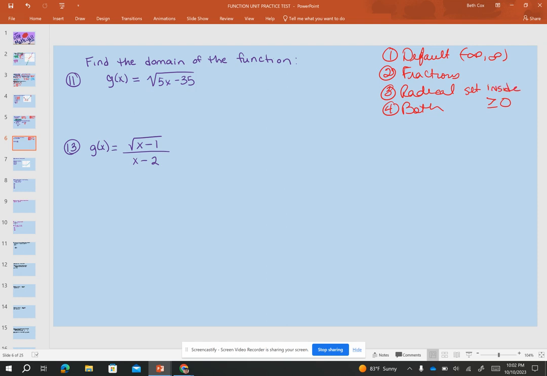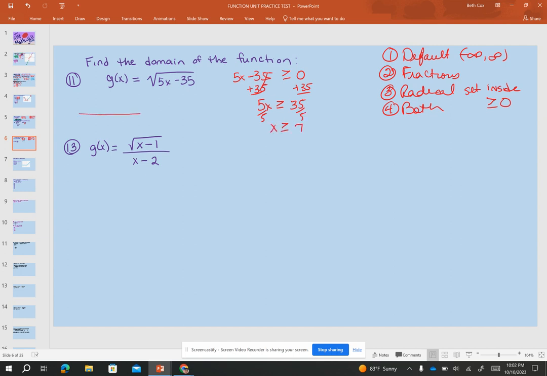Here we go. So I'm going to take the 5x minus 35 and set it greater than or equal to 0. I'm going to solve this. I'm going to add 35 to both sides, and then divide both sides by 5. And x must be greater than or equal to 7.